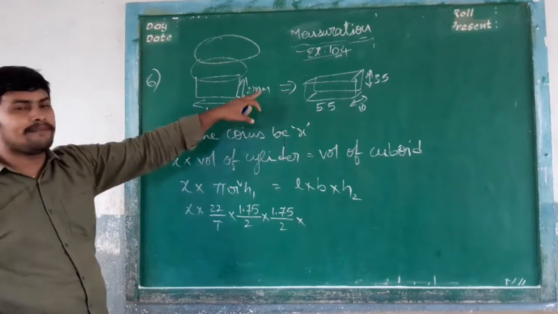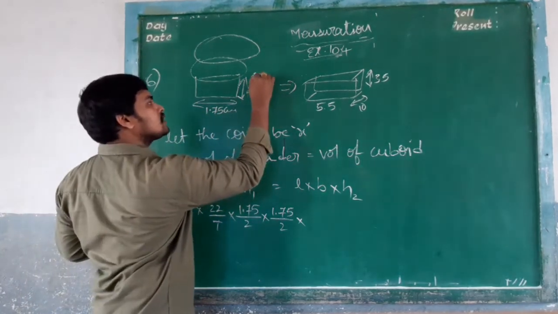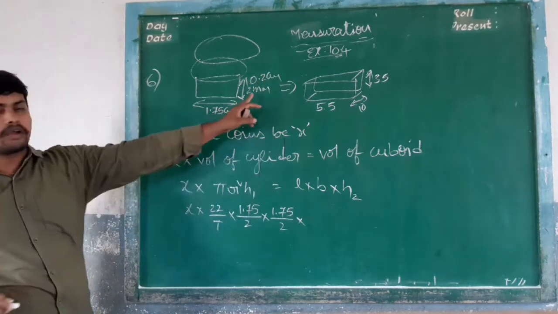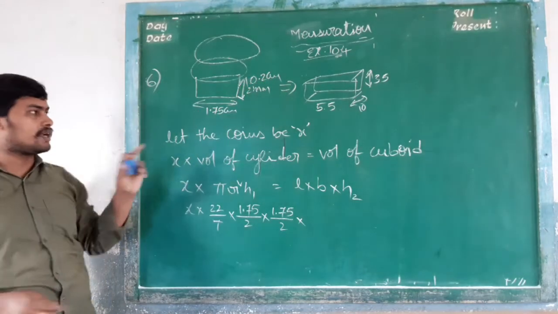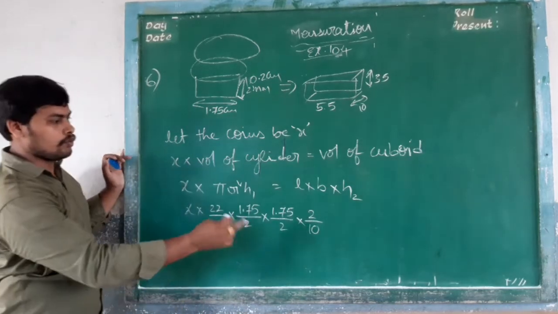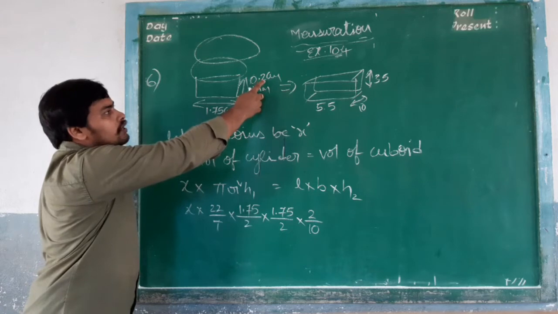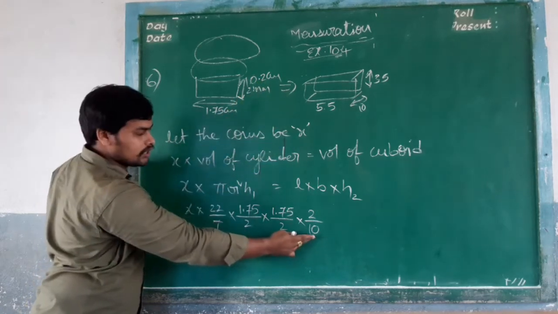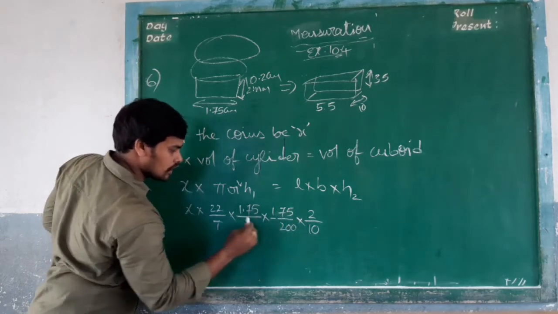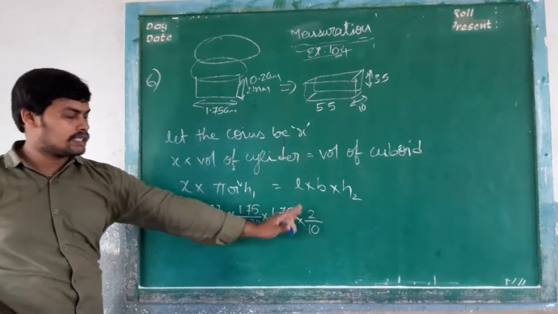Height is in millimeters, so we have to convert into centimeters. 2 millimeters means 0.2 centimeters. It can be written as 2 by 10. Okay, after the decimal only one digit is there, so you write one 0 in the 10. Here after the decimal there are 2, so you write 2 zeros in the similar way, after removing this.